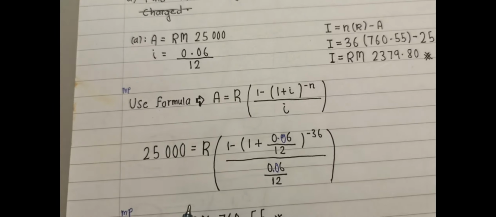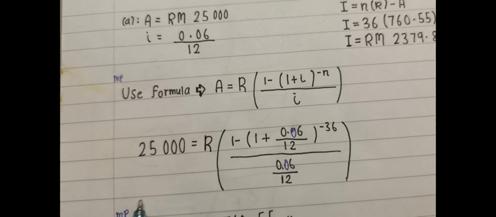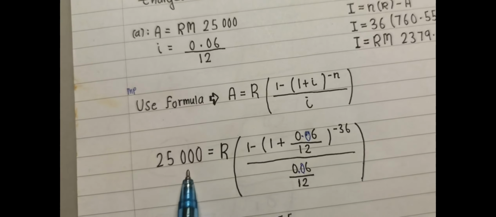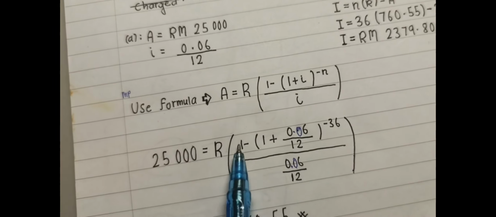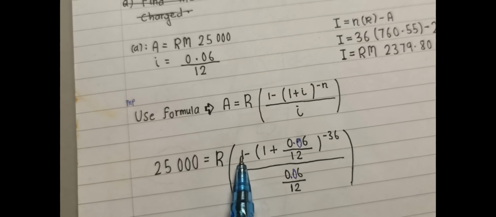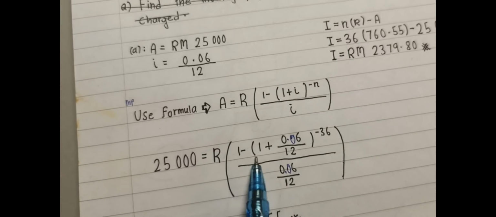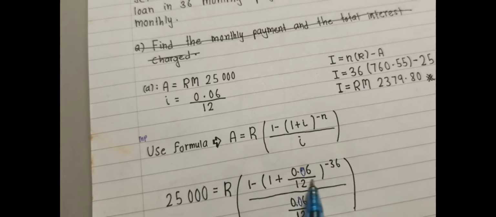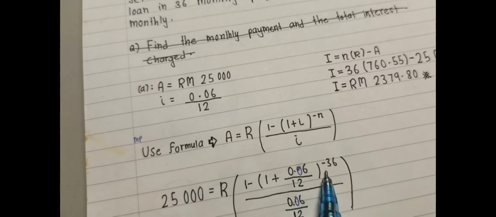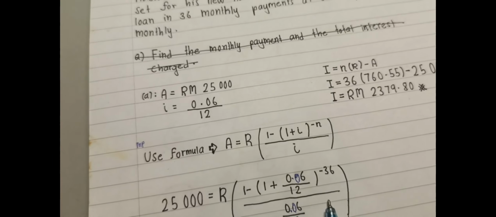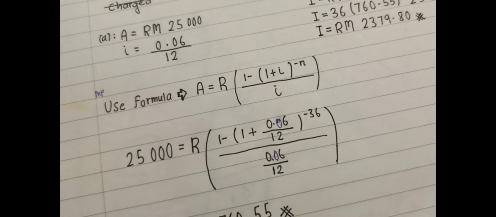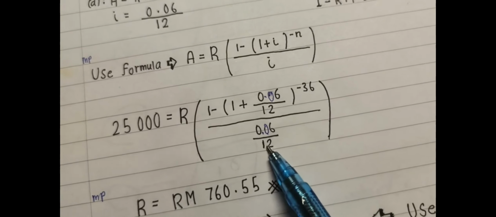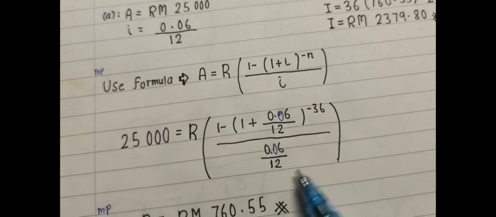With the information that we've got, 25,000 equals R open the bracket, 1 minus open the bracket 1 plus j, which is 0.06 over 12, close the bracket, to the power of negative n, which is 36, over j again, which is 0.06 over 12.